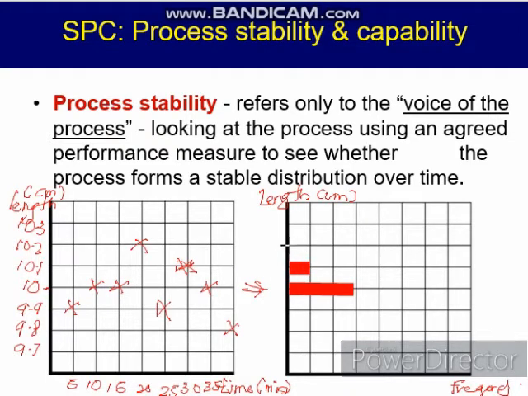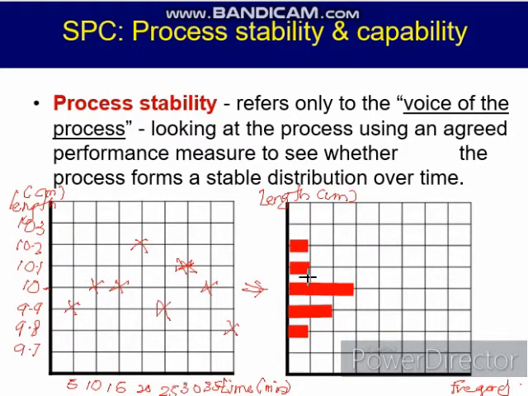For 10.2, I also have 1. For 9.9, I have 2. And for 9.8, I have 1. So if I collect this data for, let's say, 30 data points, then I can plot more data here in terms of a distribution curve.